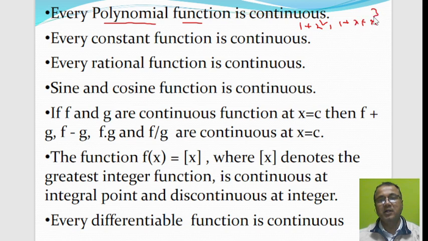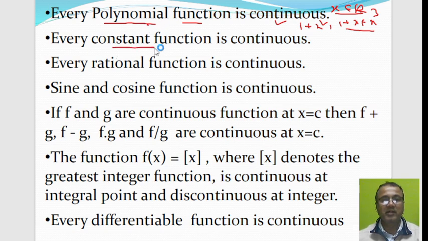The power of x must be an integer. If it is an integer, then you can call it a polynomial function. This function is continuous for all real numbers, for any real value of x. So a polynomial function is continuous.